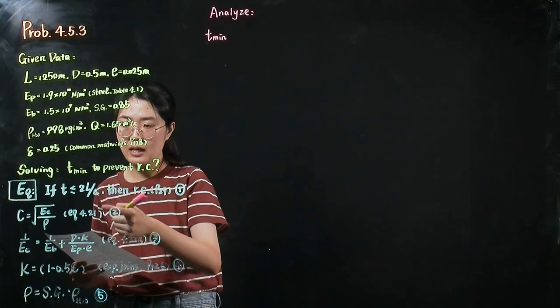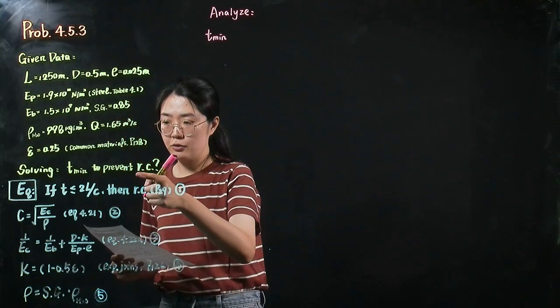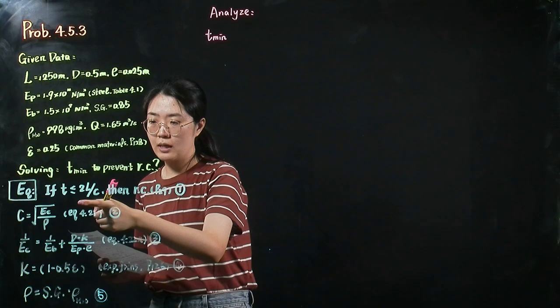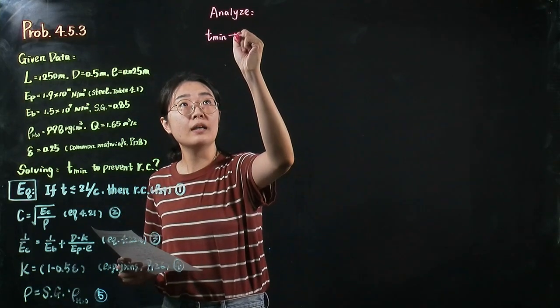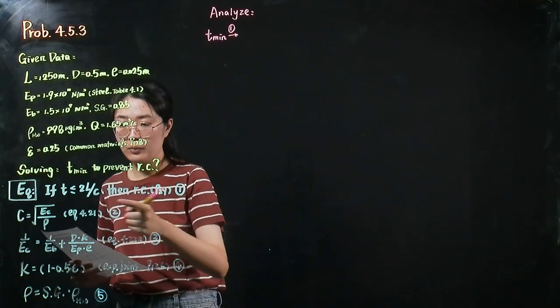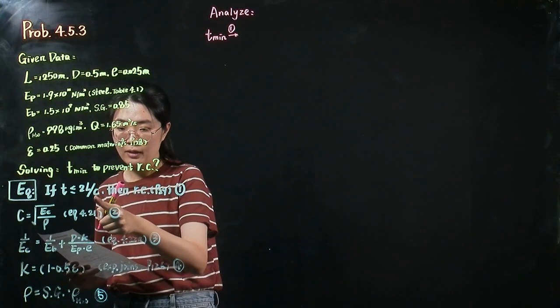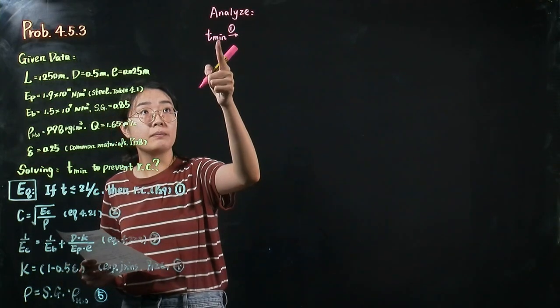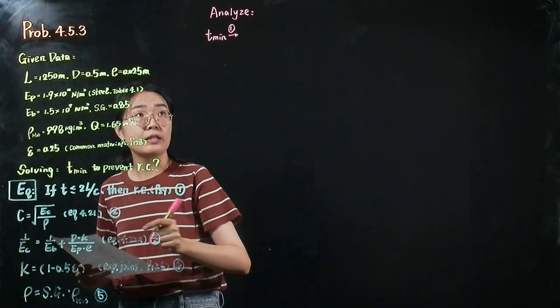Therefore, the minimum time to prevent rapid closure equals 2 times length over celerity. In equation 1, we already know the length, but we do not know the celerity. So to solve for the minimum time, we need to know the celerity first.